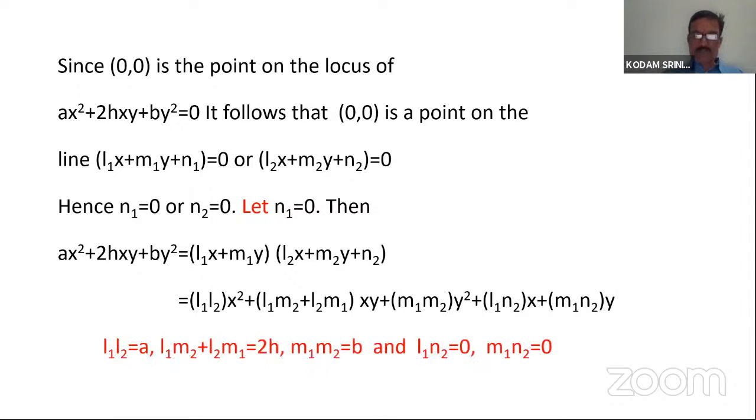So after simplification, plus M1 M2 y square plus L1 N2 x plus M1 N2 y.